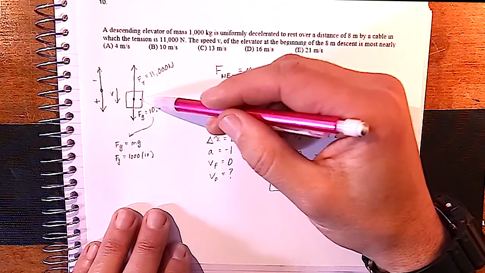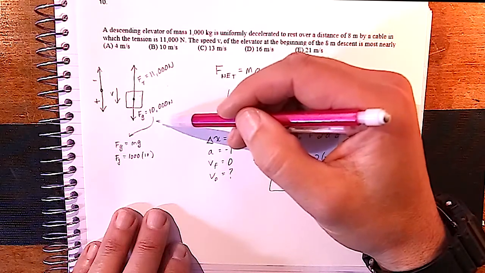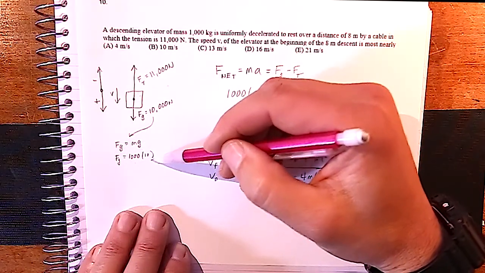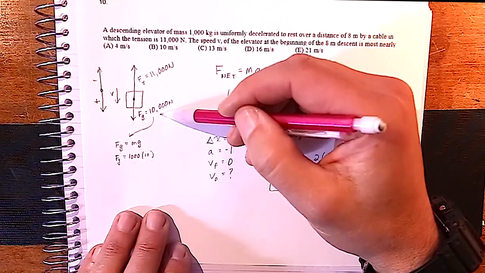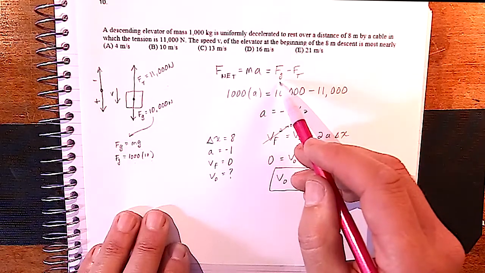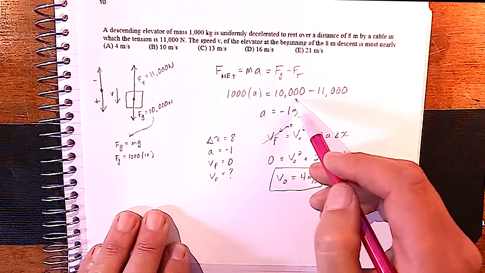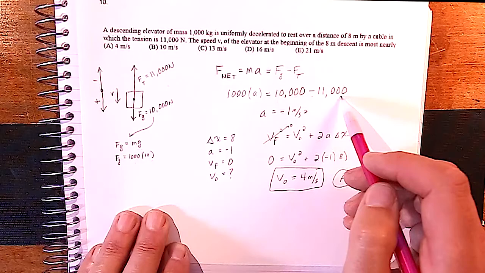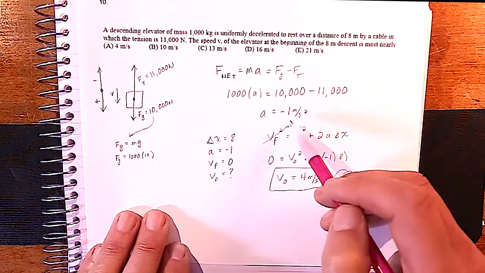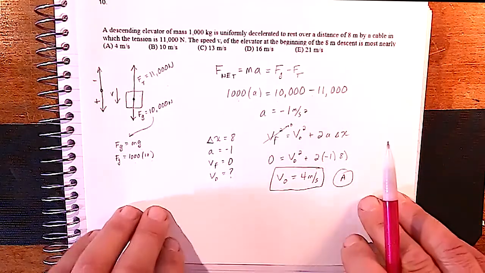And they give us the mass of the elevator, so we can do mass times gravity, 1,000 times 10 instead of 9.8, and that gives us 10,000 newtons down. So the net force is going to be 10,000 minus 11,000, and it's a 1,000 kilogram massed elevator, so that just gives us an acceleration of -1.